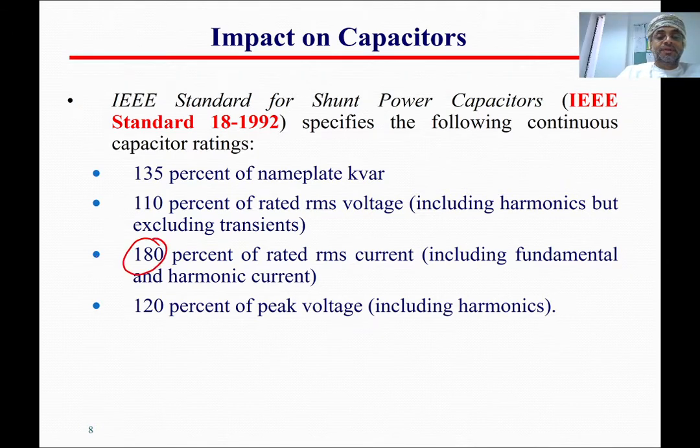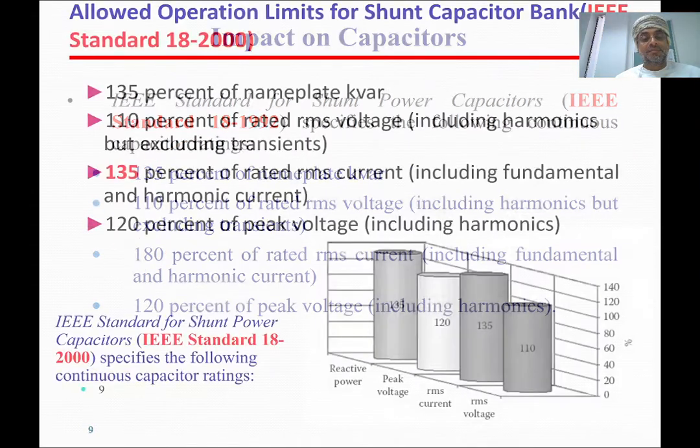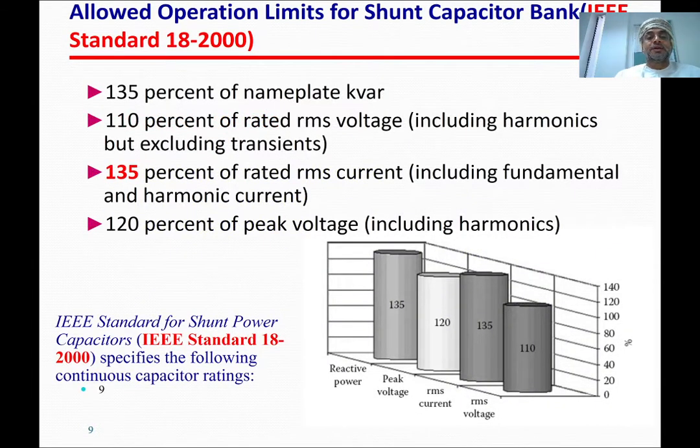This was in the IEEE standard 92, but this number was reduced to 135 in the updated standard. It was updated in 2000, and they reduced that factor to 135.